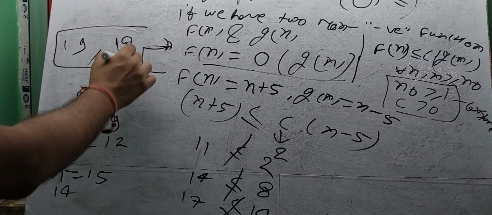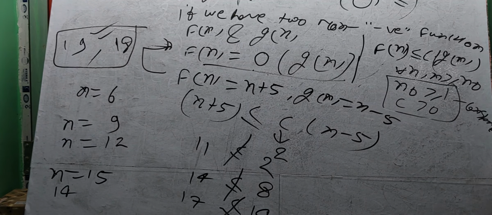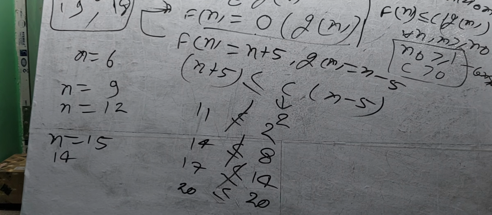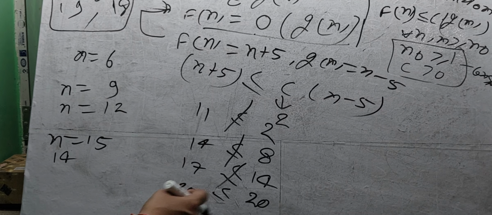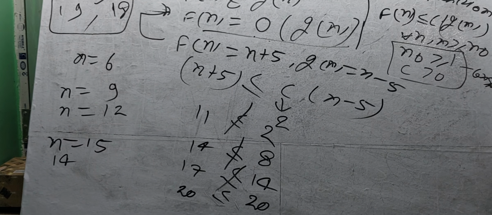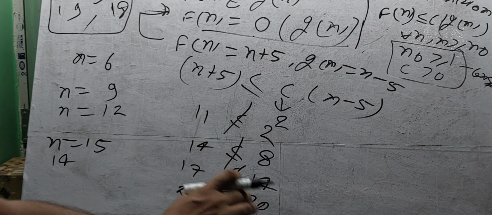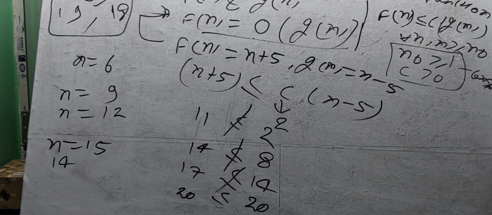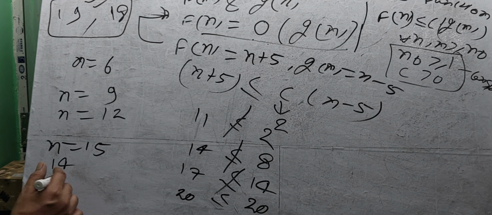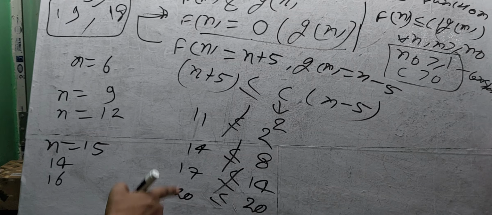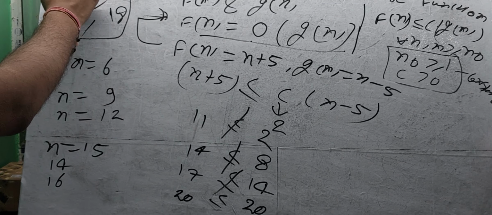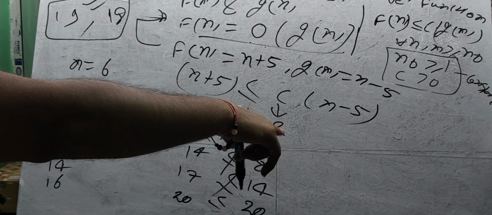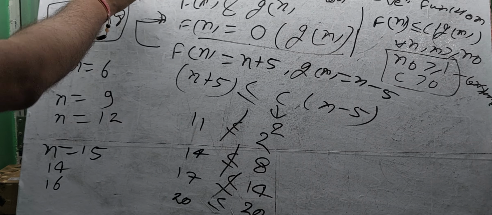So this is not possible. So we will take n naught as 15, and any value greater than 15 will give g of n greater than or equal to f of n. Take n value as 16: 16 plus 5 is 21 on the left hand side, and on the right hand side 16 minus 5 is 11, 11 into 2, that is 22.